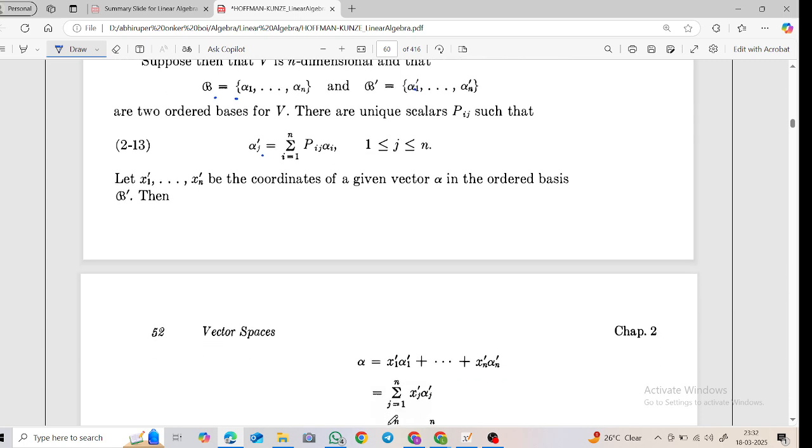Now x1 prime to xn prime be the coordinates of a given vector alpha in the ordered basis of beta prime. Do you understand what we mean by coordinate? So see, in Rn you see that suppose there is a point like this, and you say C1 to Cn is the coordinates of the point, say A. Okay. So why are these called coordinates?